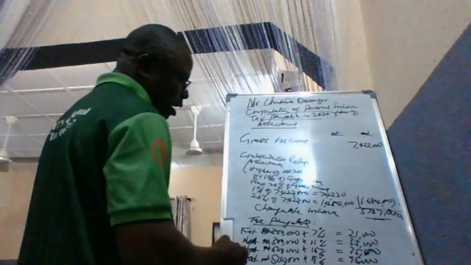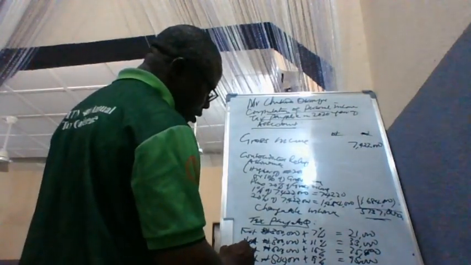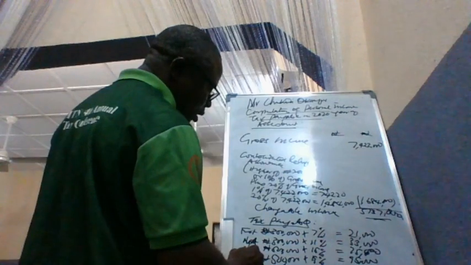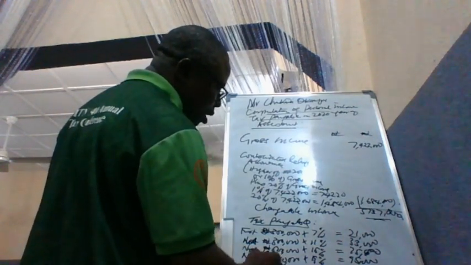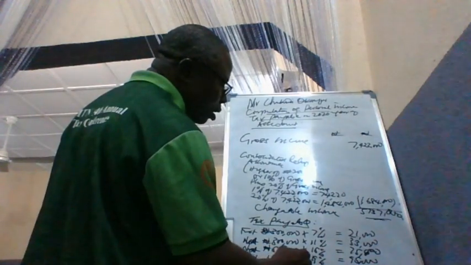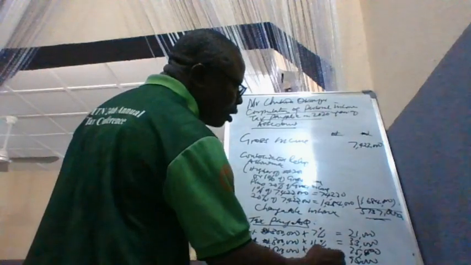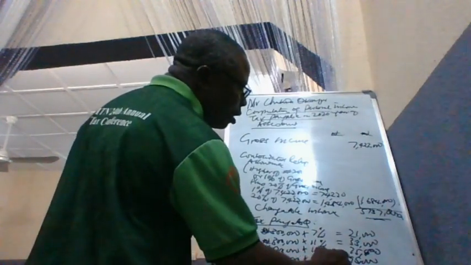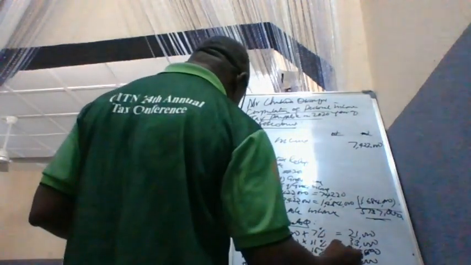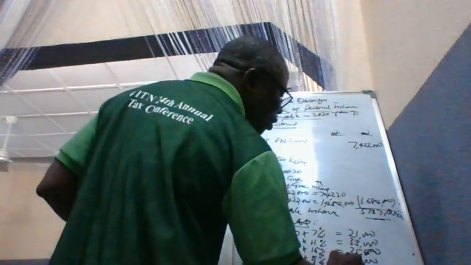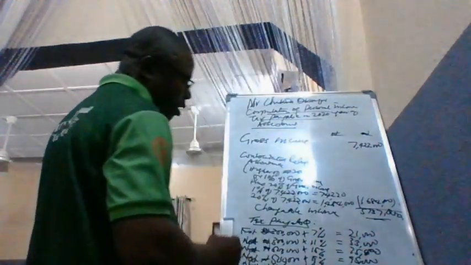The next 1.6 million will be times 21%, and this will give us 336,000 naira.